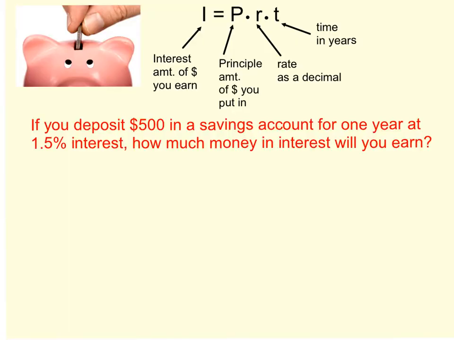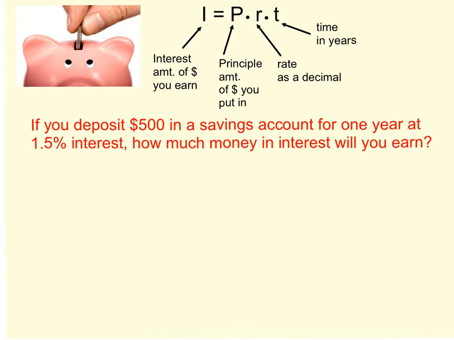So how you calculate interest is you use the formula I equals P times R times T. I stands for the interest, so that's the amount of money that you're earning if it's a savings account, or let's say it's the amount of money that you have to pay when you are taking out a loan. The principal is the amount of money that you put in, so let's just think of it like a savings account.